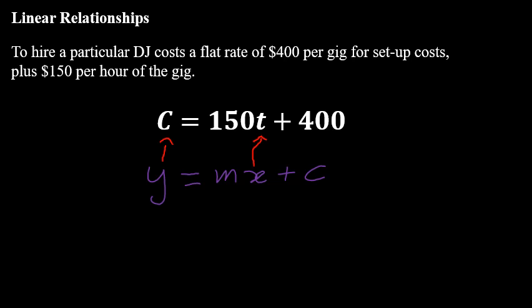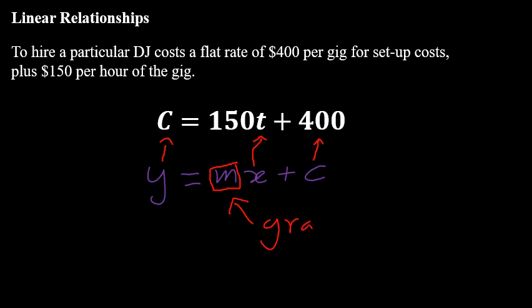The C in my formula y equals mx plus c is, we'll come back later to what it means on the graph, but for now let's think about it as the fixed cost for the gig, which in our situation was $400, and that leaves M. M is the gradient.